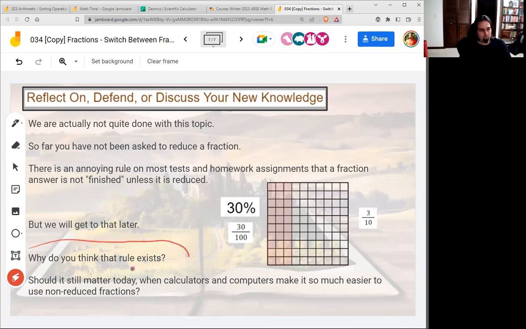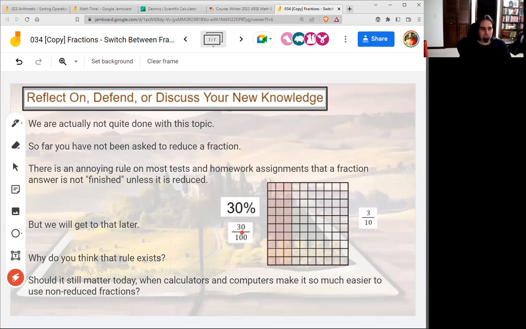So the question to think about is, why do you think that rule exists? Is there anything wrong with 30 out of 100? Is there any time in real life where you saw a fraction that had bigger numbers in it and you wished that they were smaller numbers?